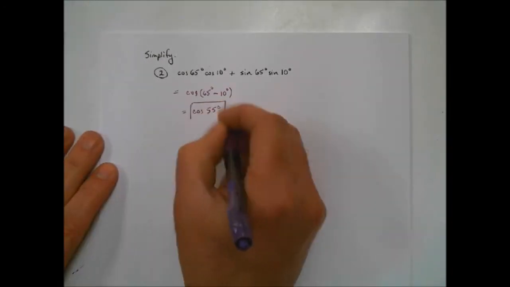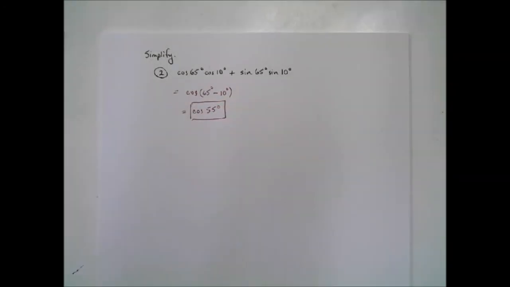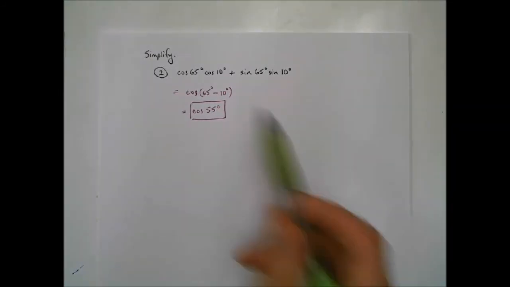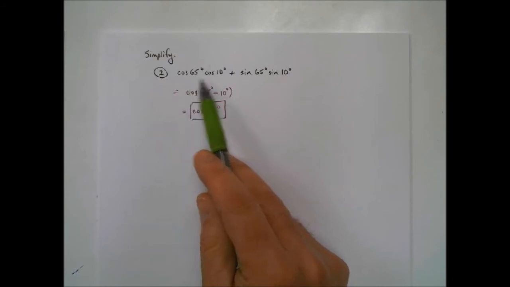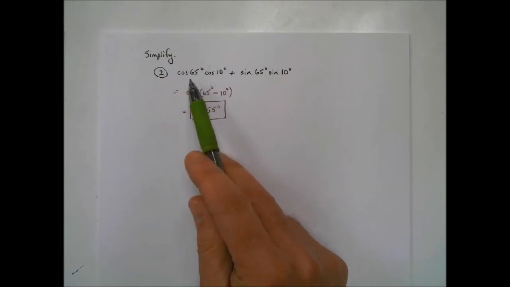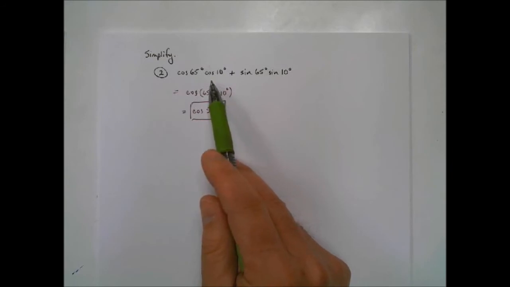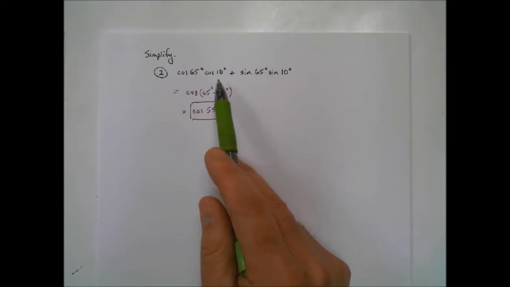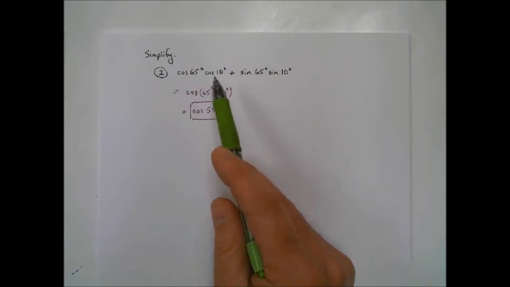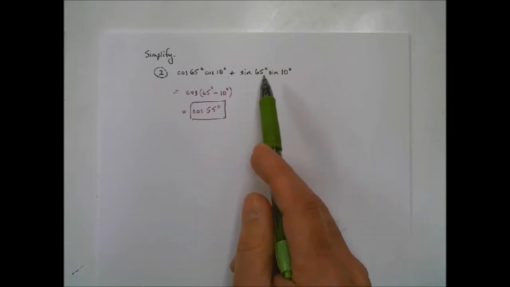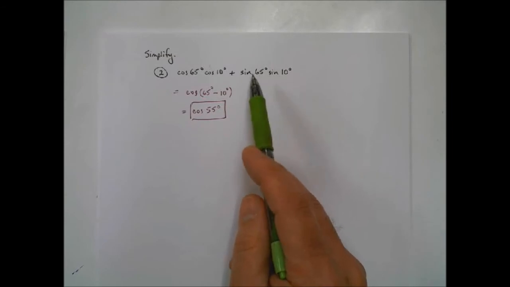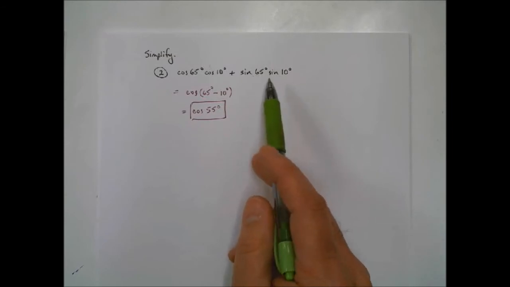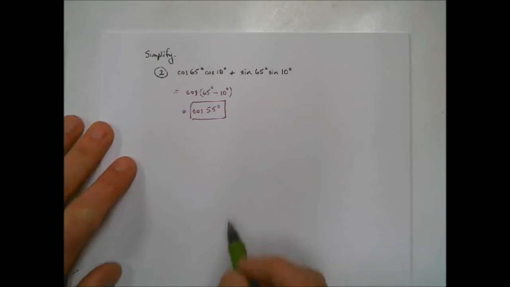Now, on the other hand, I know that some of you, maybe all of you, were noticing cos, cos. That's multiplication, and we know that multiplication is commutative. So you might be saying, what if it had been cosine 10 degrees and then cosine 65 degrees? And the same thing over here, if it had been sine 10 degrees and sine 65 degrees. So let's take a look at that situation.